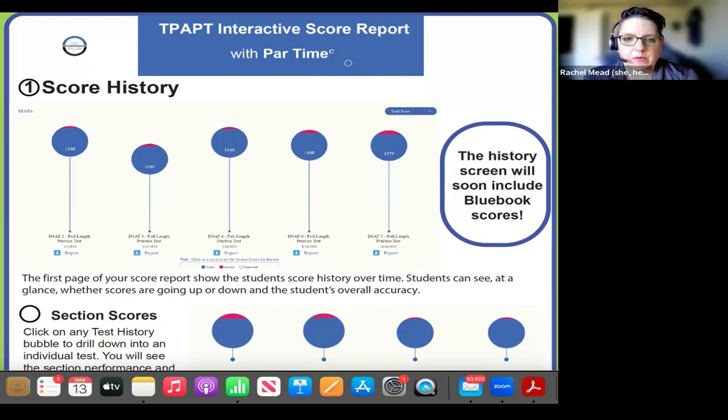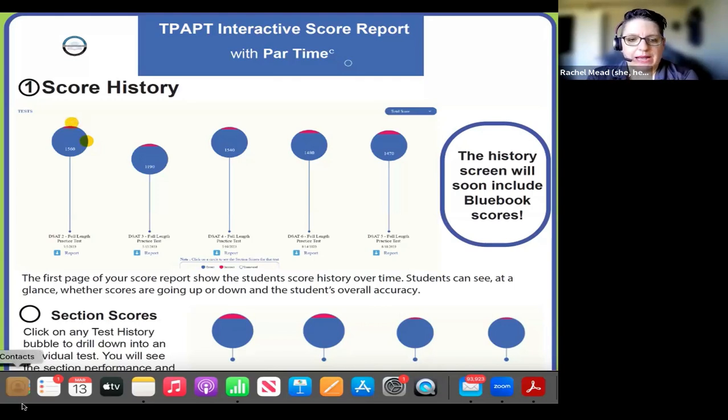So the first thing that we see here in this score history is the overall view of the composite scores that this particular student has hit. We can see that the blue portion is their correct, and you can click on that if you want to take a look at all of those correct questions. You can also slide your cursor up and hit the red portion that does show the questions that they answered incorrectly.